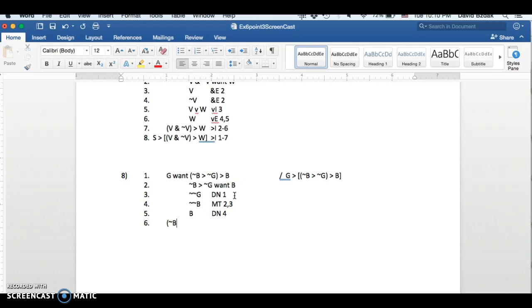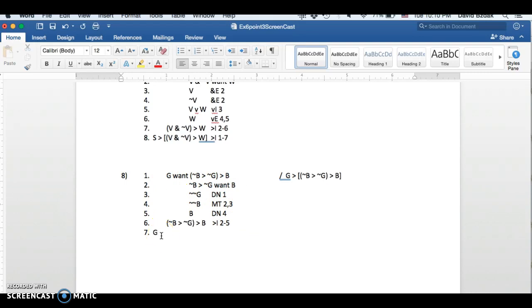We get not B, then not G, then B. By conditional introduction, our assumption was on line 2 here, and our consequent was on 5, so 2 through 5. And now that was what we wanted here, so we're finished with this one.